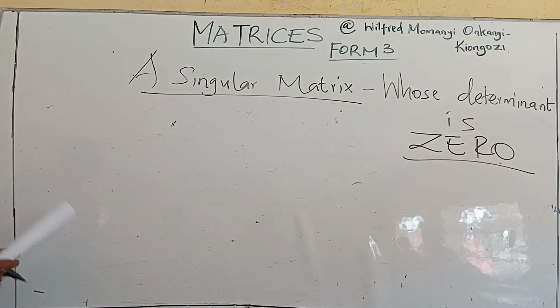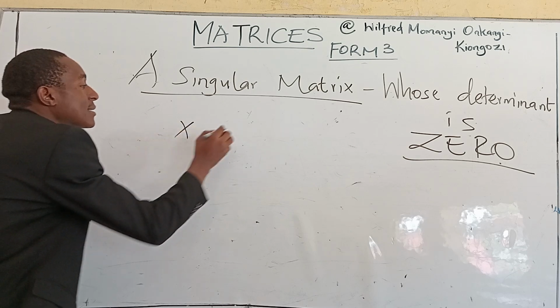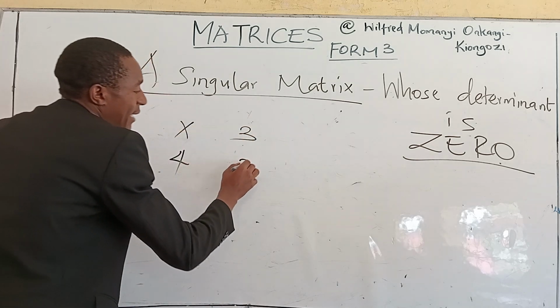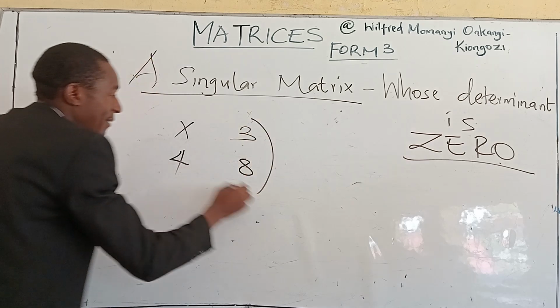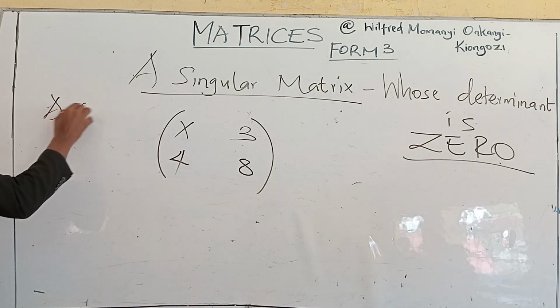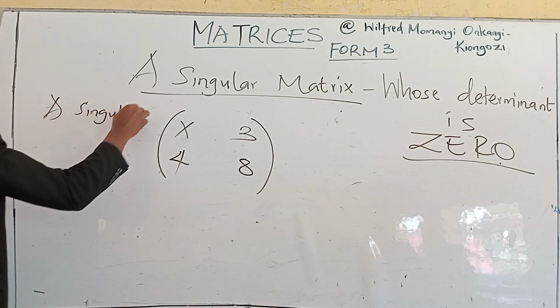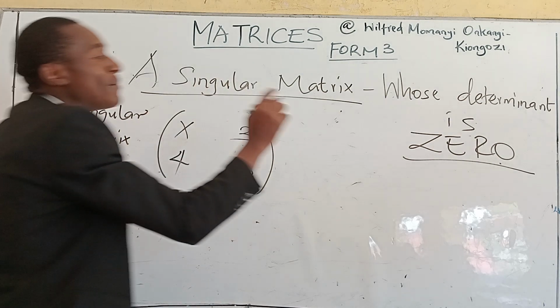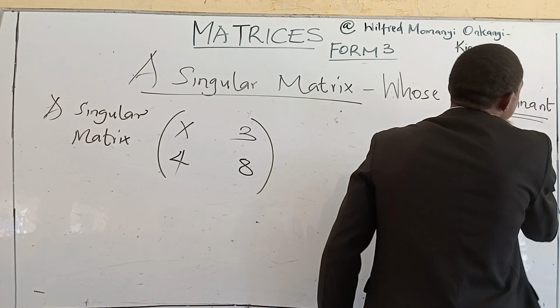So if you have, for example, x, 3, 4, and maybe 8, like this, and you are told that this is a singular matrix, then it means the determinant of this matrix is 0.